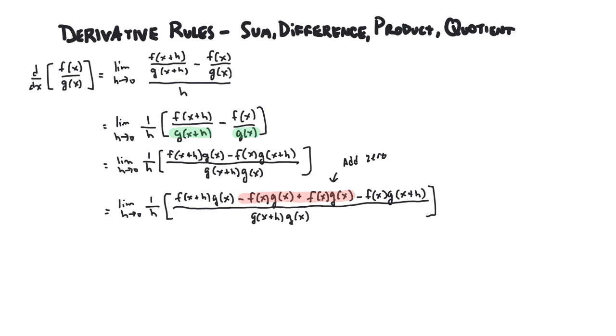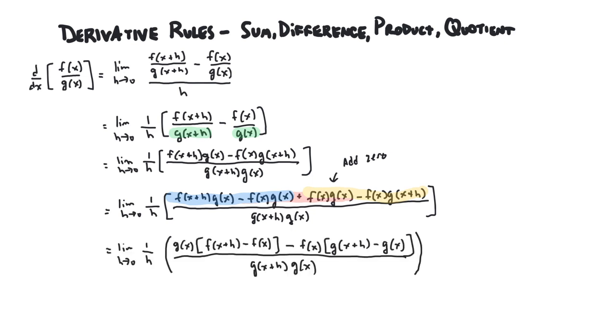That creates a nice factoring by grouping problem. Those two terms in blue there have a common factor, and the two terms in yellow have a common factor. The blue terms, I'll pull out a g of x, and for the yellow terms, I'll pull out a minus f of x. And now you can see structurally where the quotient rule comes from.